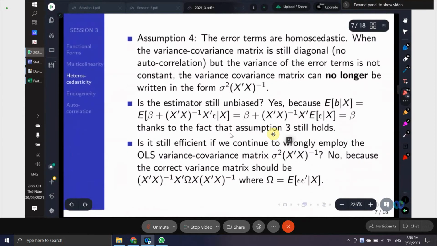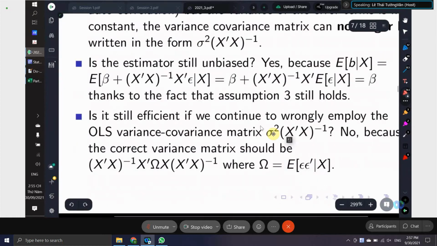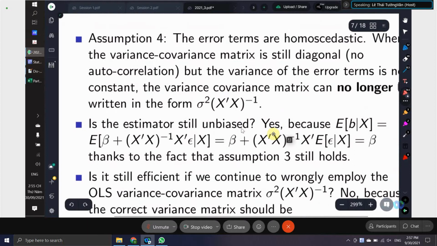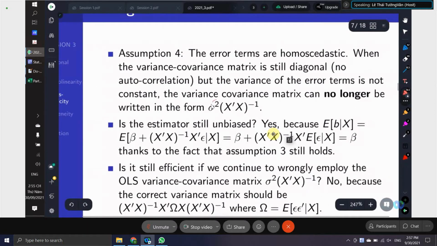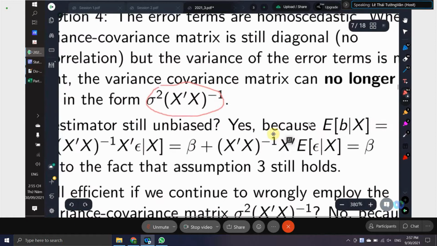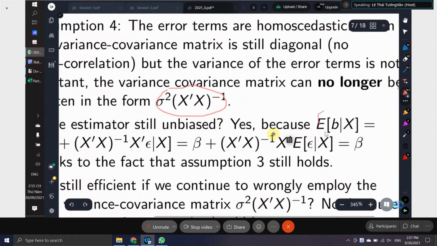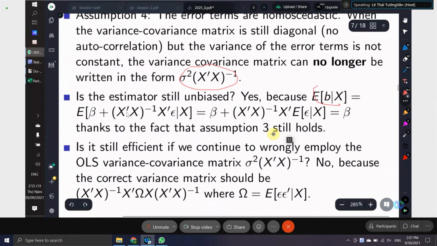Okay, so what is the implication of this violation? The implication is that the variance covariance matrix cannot be written in this format. However, the expectation of your estimate b given x is equal to beta plus x prime x to the minus 1 x prime epsilon given x, and it is still equal to beta.